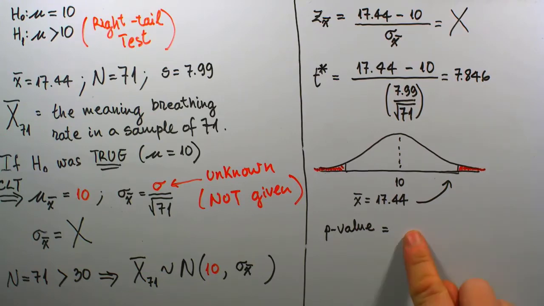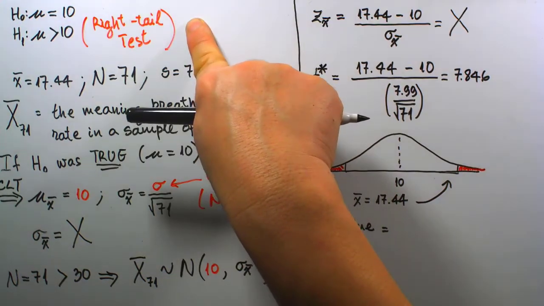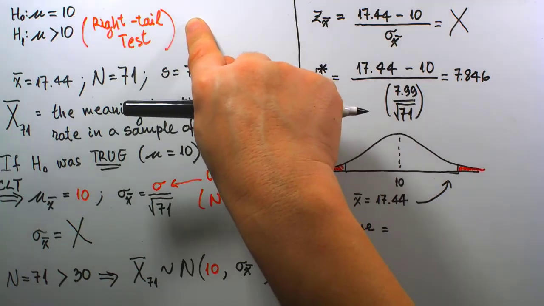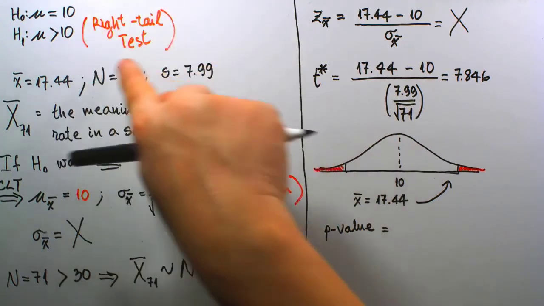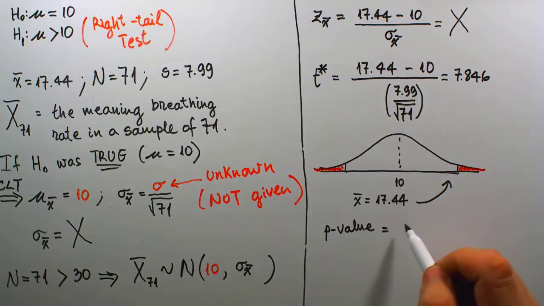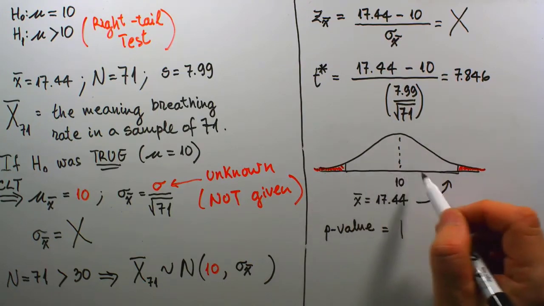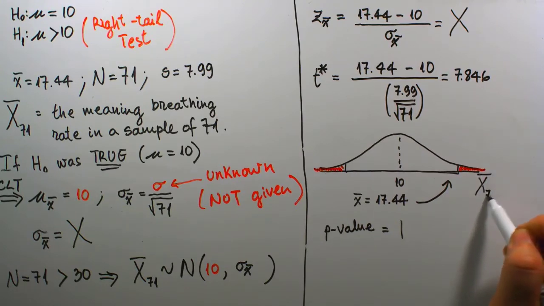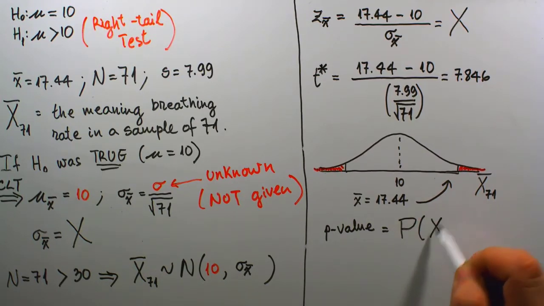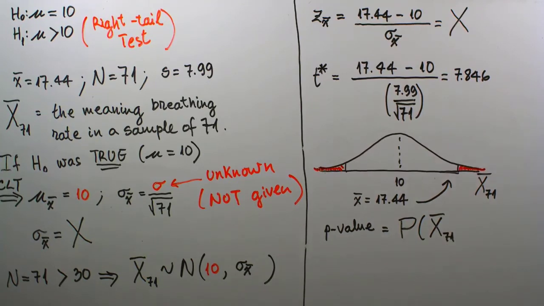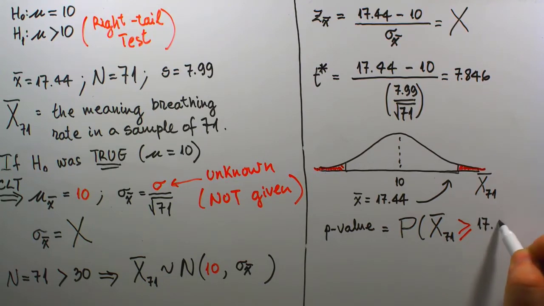And that is the reason why, again, same logical argument as I have explained in earlier videos, I call this test here a right tail test. So the p value can be calculated as the following setup. Among all sample mean values at size 71, we want to calculate the chance, the probability that we're going to find a sample mean at this sample size being greater than or equal to 17.44.